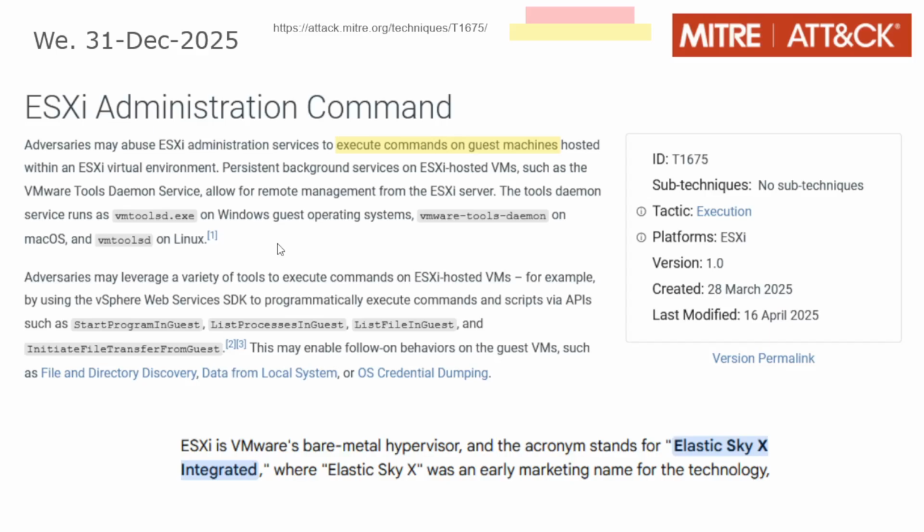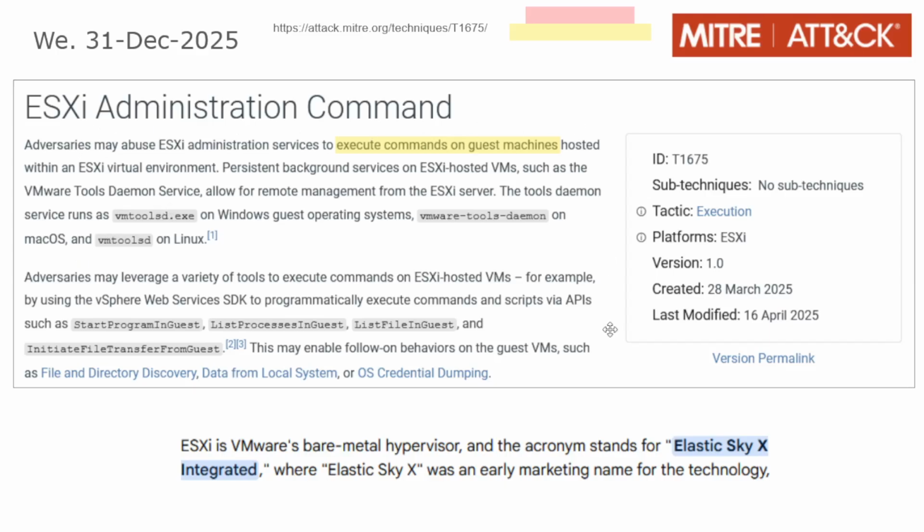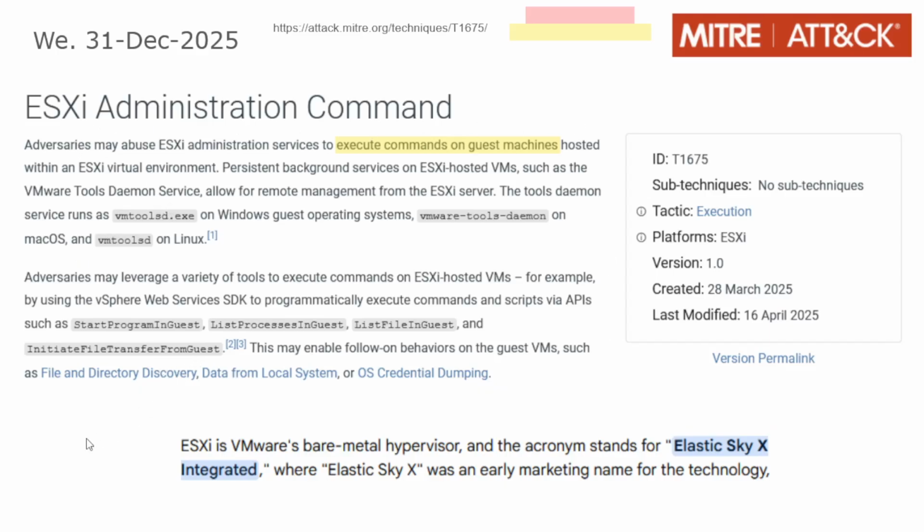And once the adversary controls your ESXi environment, there is a way to manipulate the virtual machines that are running there. So it breaks a little bit of the sandbox principle. Usually you assume that your virtual machine cannot be compromised even if it's running on a malicious host. Well, if this command is executed, then not necessarily.